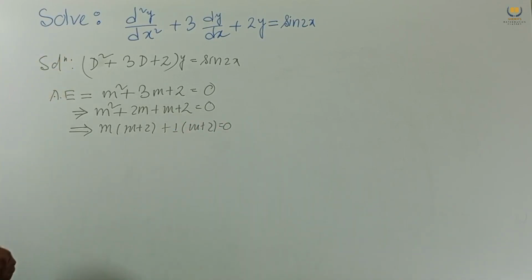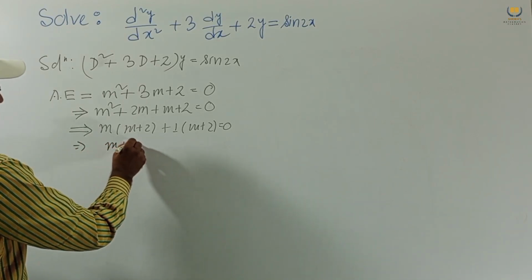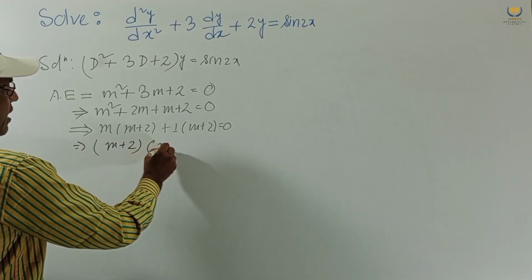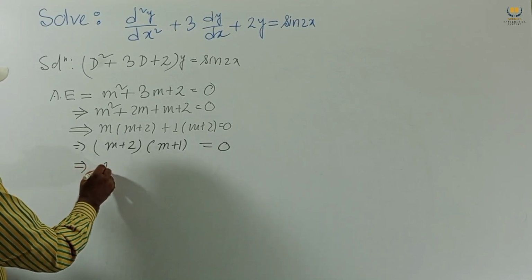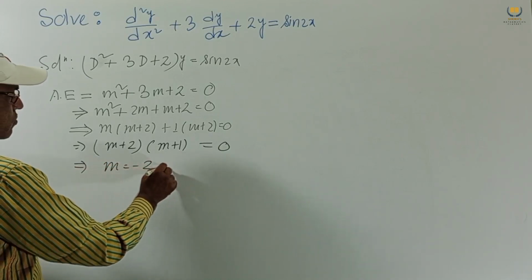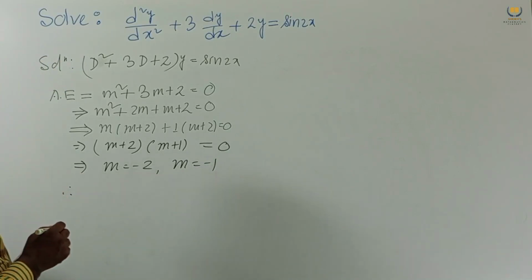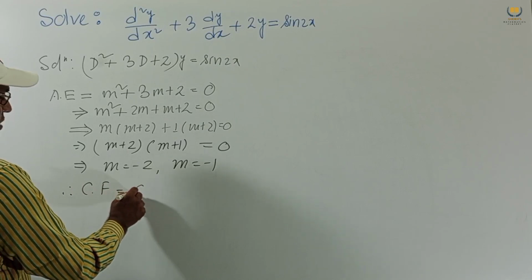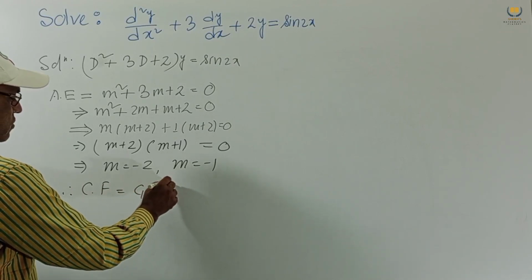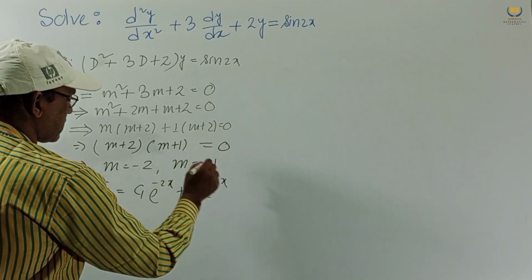Again m plus 2 is common, so we get m plus 1 equal to 0. From this we get m equal to minus 2, m equal to minus 1. Therefore, the complementary function equal to c1 e to the power minus 2x, c2 e to the power minus x.